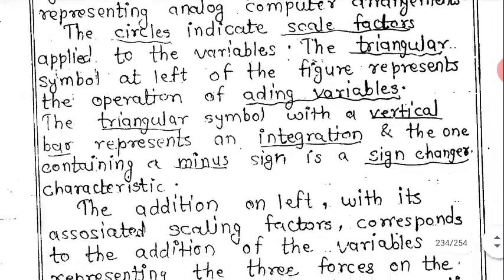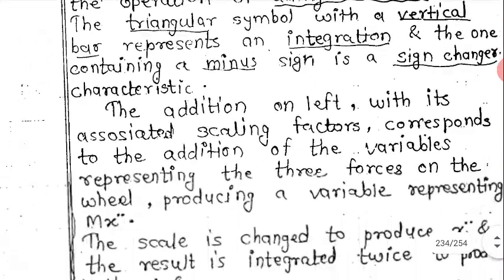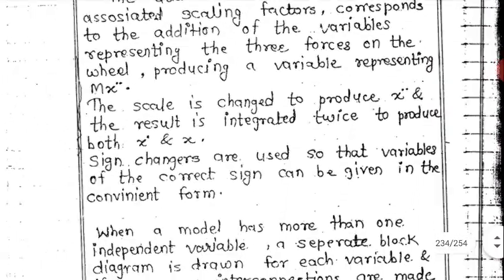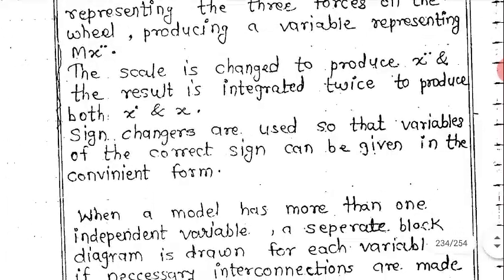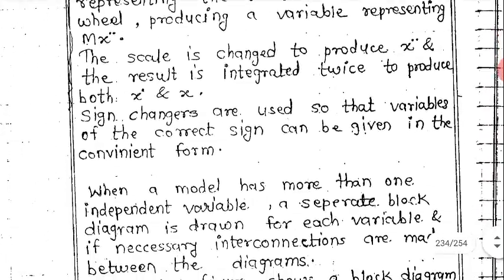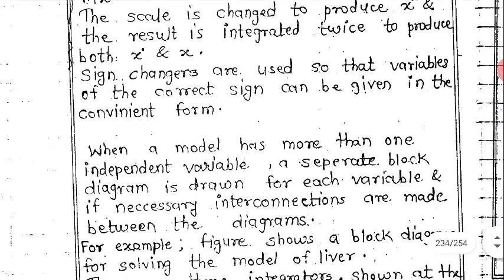It is playing a vital role in this. So we can say, the addition on the left, with the associated scaling factor, corresponding to the addition of the variables, will produce the variable representing m x double dot.